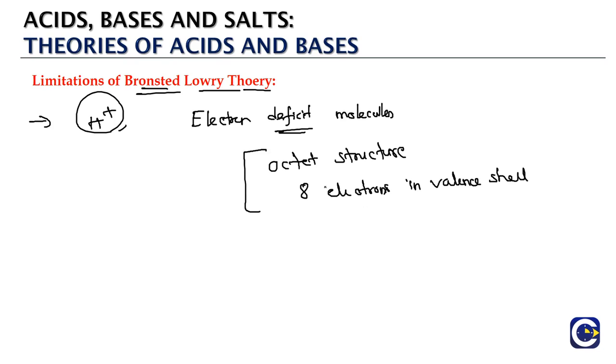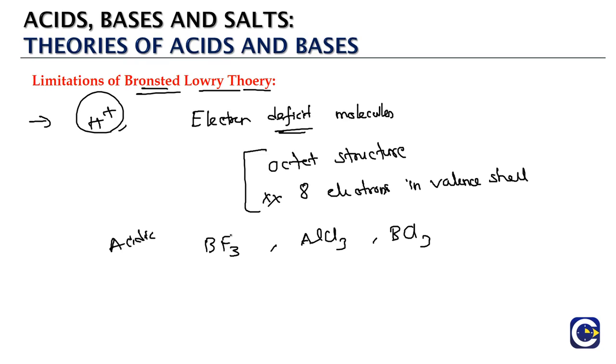There will be compounds which do not have this octet structure, so we'll call them electron deficit molecules. And those electron deficit molecules like BF3, AlCl3, BCl3, all of them show acidic nature, and they don't show acidic nature by exchanging H plus ions.